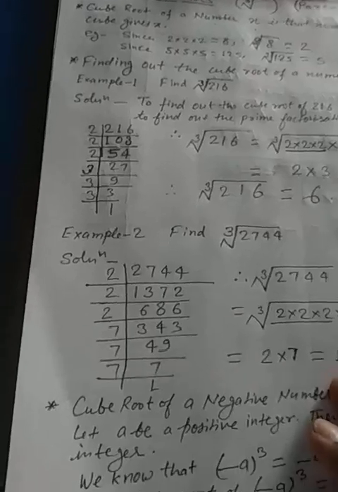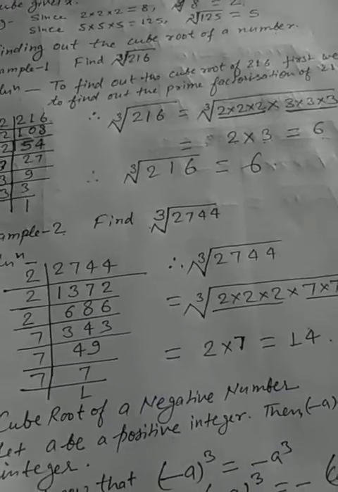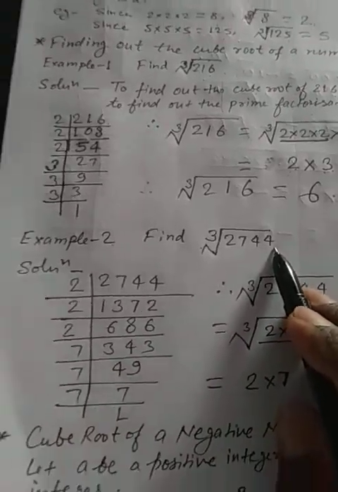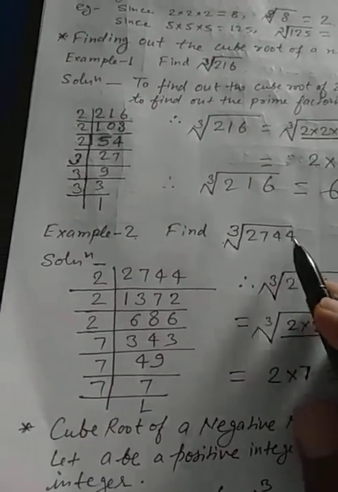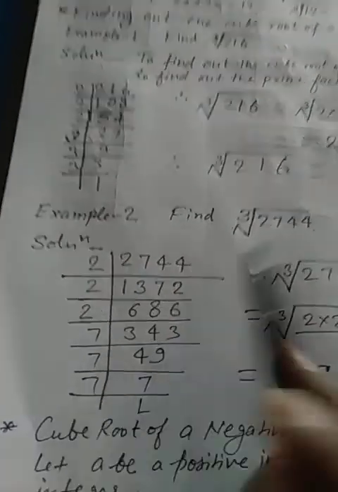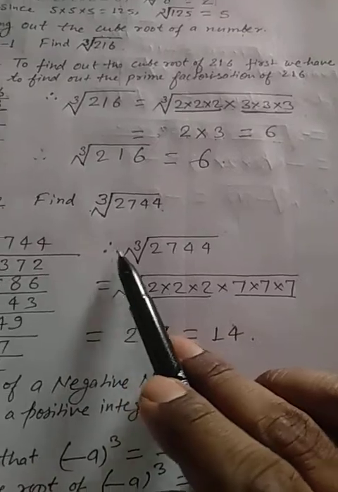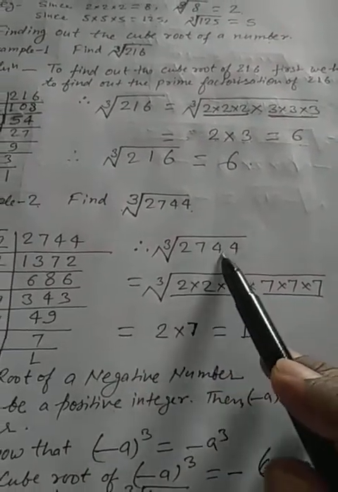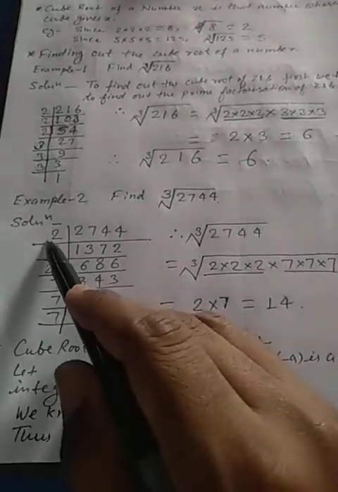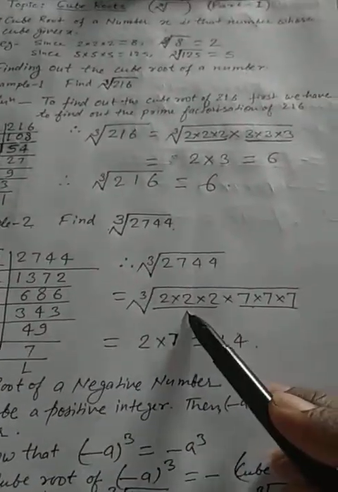Now I am taking another example: cube root of 2744. Once again, we first have to find the prime factorization of 2744. Now you can write the cube root of 2744 as cube root of 2 into 2 into 2, these first three 2's, and 7 into 7 into 7, these are the three 7's.